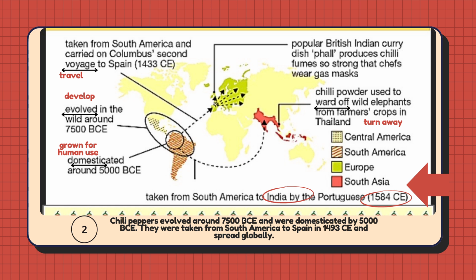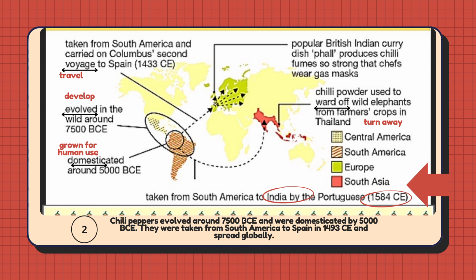But if you're going to understand the whole text, you can find that chili peppers evolved around 7,500 BCE. When we say evolved, it means developed. It developed in the wild around 7,500 BCE. And the chilies were domesticated.